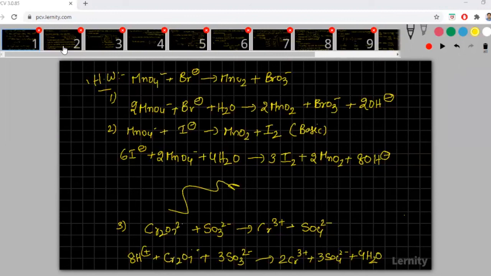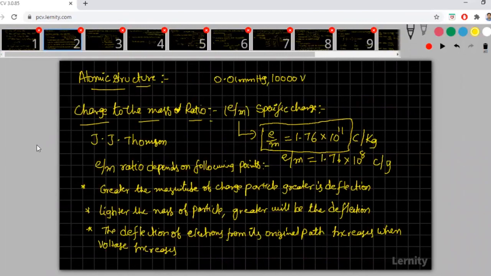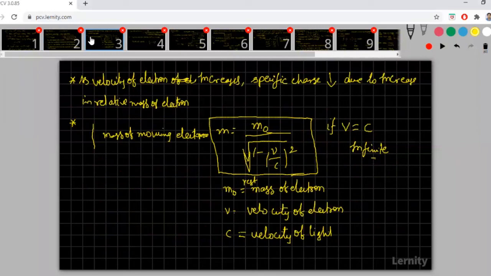No need to worry. Okay, this is today's topic, charge to mass ratio, which was given by the scientist J.J. Thomson. Next, this is the important formula. What is the formula? M is equal to m naught into 1 by root of 1 minus v square by c square. V is the velocity of the electron, c is the velocity of light.